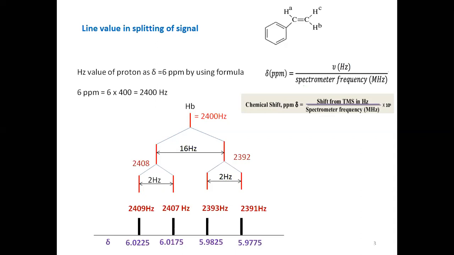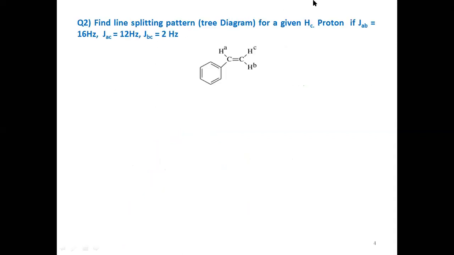So that is your J. If you get it only 1 time, that is not your J value. With 4 lines, you have to get a similar difference 2 times or more than that. That is your J value, okay? So is that clear? Or any problem in this? No. Okay, next question.